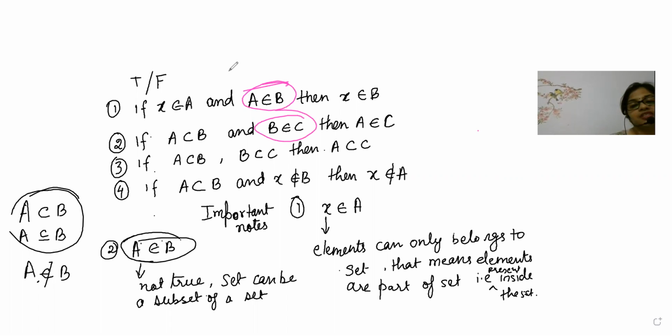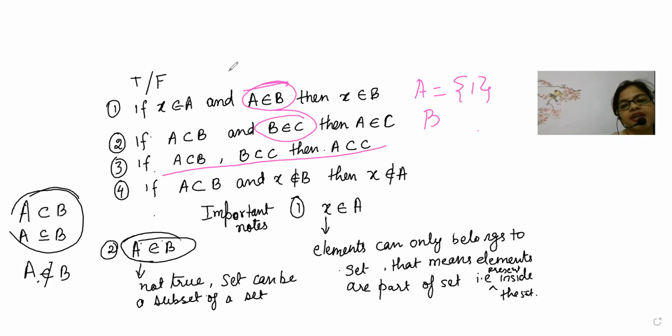Now C is having the correct answer. Why? Because A is a subset of B. Means whatever element is present inside A is a proper subset of B, whatever element of A is there, it is in B. Like A is containing one element, 1.